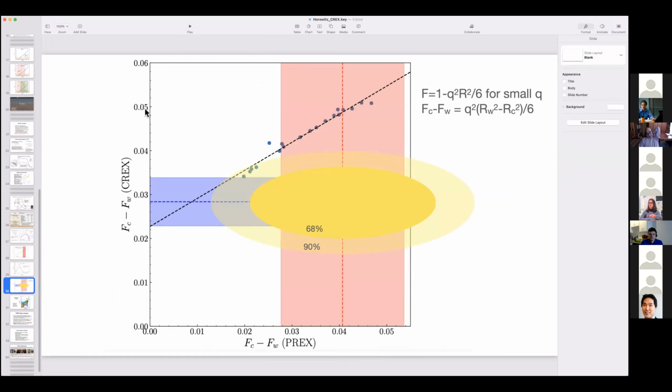So am I correct to interpret that the combined probability of these two measurements occurring and being consistent is at the level of 5%? It's a 2 sigma error.